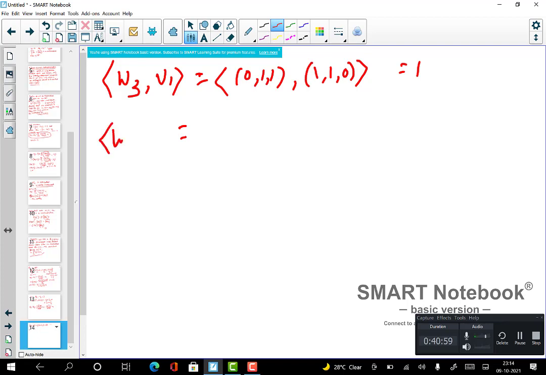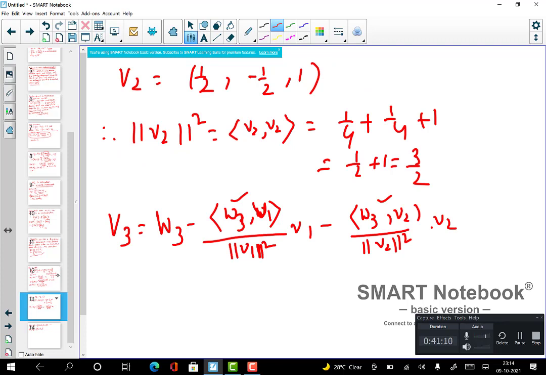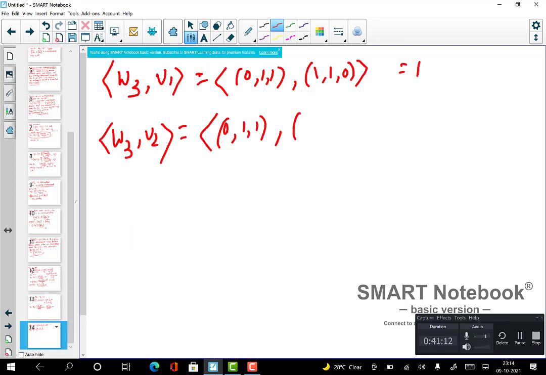Now what will be the inner product of W3 with V2? Again 0, 1, 1, and V2 is half, minus half, 1. The result is 0 into half equals 0, 1 into minus half is minus half, and then plus 1, so plus half.